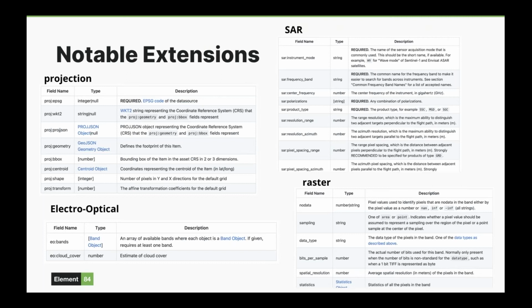These aren't adding fields that make things easier to search, or that people want to search for, but they really are there for cloud usability. By putting in the projection and raster data, we can use things such as Open Data Cube to open up the data and create xarrays out of them. Other extensions like electro-optical or SAR are really focused on capturing different fields that are particular to the different sensor modalities.